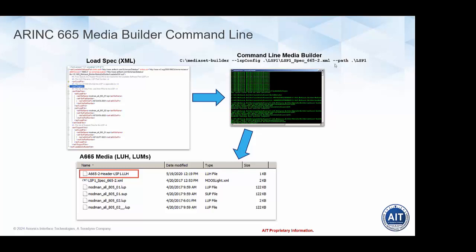And then that's one of the arguments, the path to that, which you pass into the command line when you're building a media set or a loadable software part. And then what that's going to spit out is the header file that's covering all the files that are part of your software part.